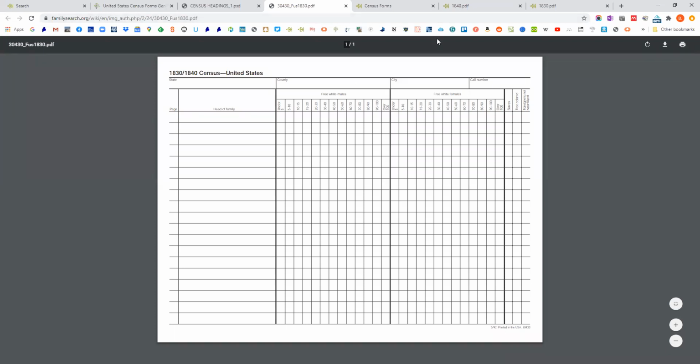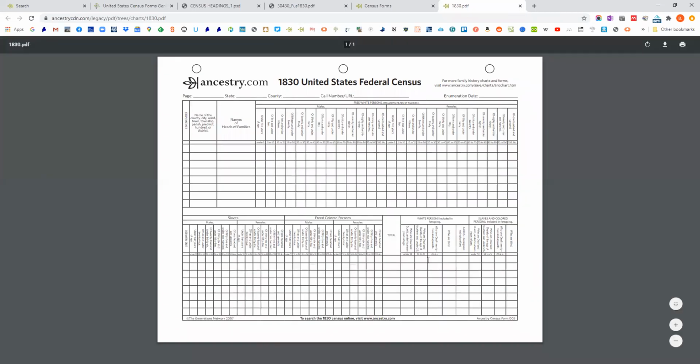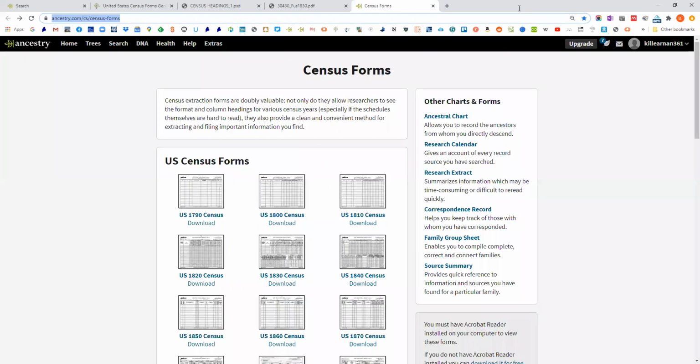But if we go through to Ancestry, notice that it's got this second page of information. And so in a minute, when I show you some of these, you'll see why. And same thing here for 1830.